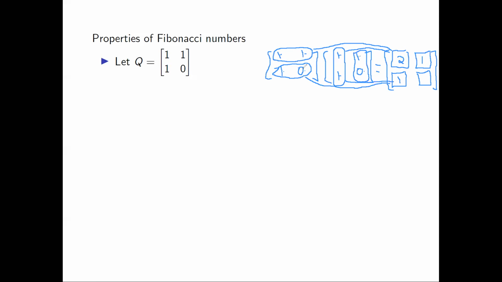So we get a 1 times a 1 plus a 0 times a 0. That gives us a 1. So we got 2, 1, 1, 1. So that's Q squared. And we can keep on calculating powers of Q like this.